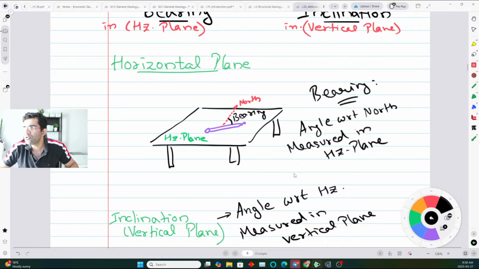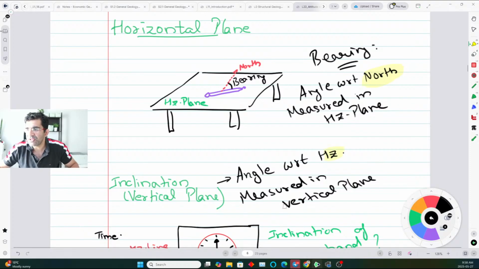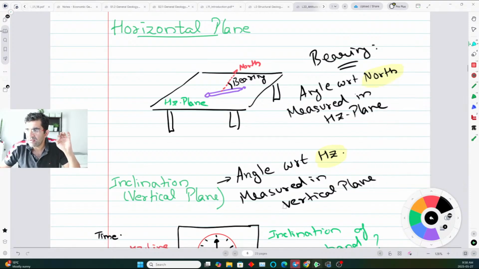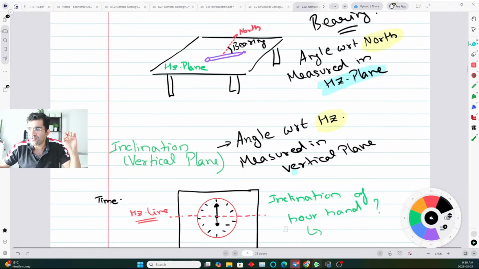So you have to keep these two things in mind. Bearing is with respect to north, whereas inclination is with respect to horizontal. If you don't understand, please do let me know, I will explain again. Bearing is with respect to north, it is measured in a horizontal plane, whereas inclination is measured in a vertical plane.